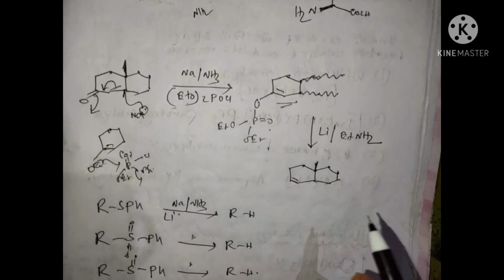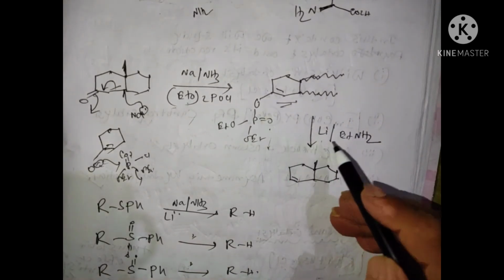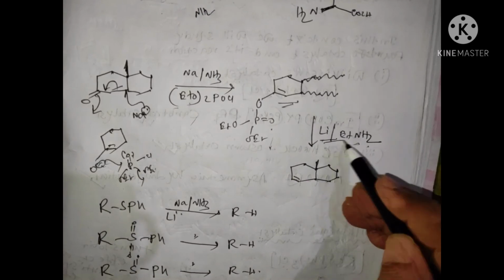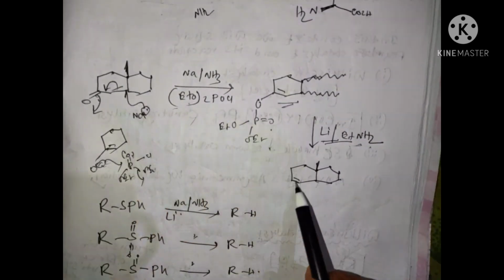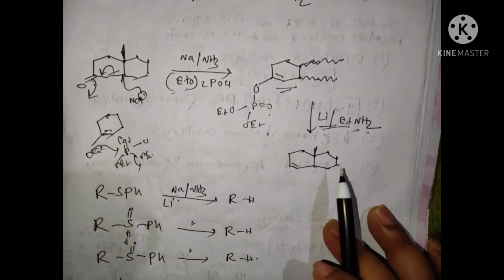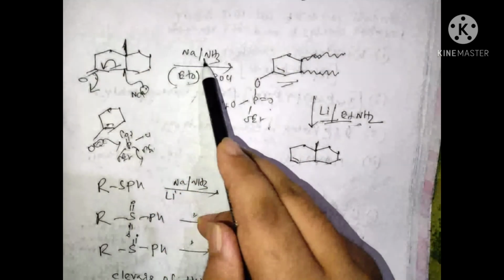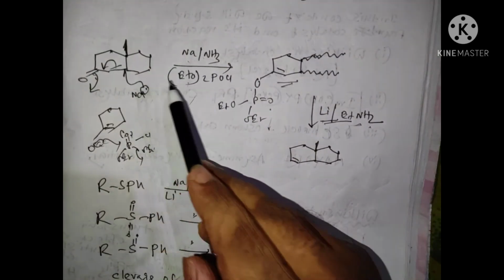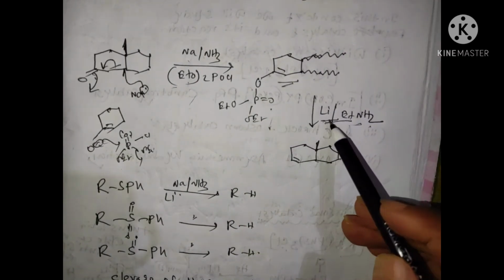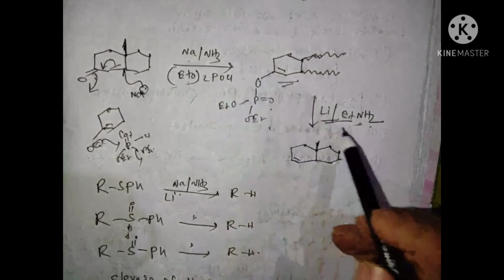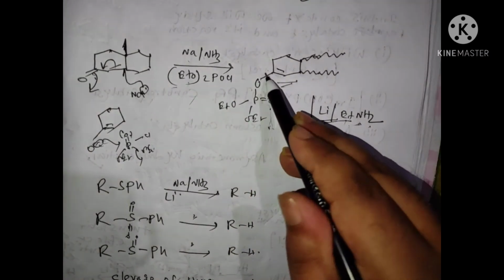That can be cleaved by lithium EtNH2. Similarly, we can remove the ketone by this way of reductive cleavage. First we use sodium liquid ammonia, then we use lithium EtNH2, or the same thing, and it can be reductively cleaved. So this is one example of reductive cleavage.